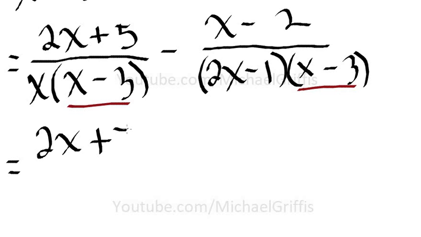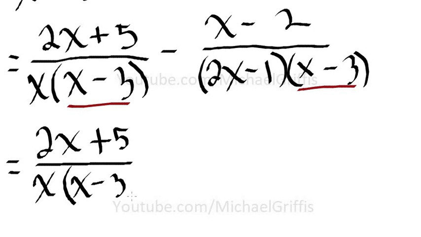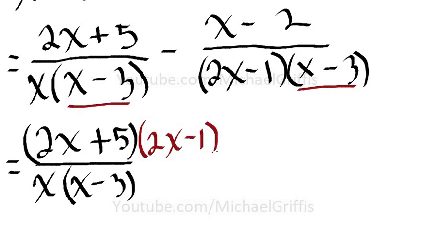So I'm going to rewrite the numerator. Let's see, 2x plus 5 over, let's see, x times x minus 3. All right, let's put parentheses around this, and we're going to have to multiply it by 2x minus 1 over 2x minus 1.